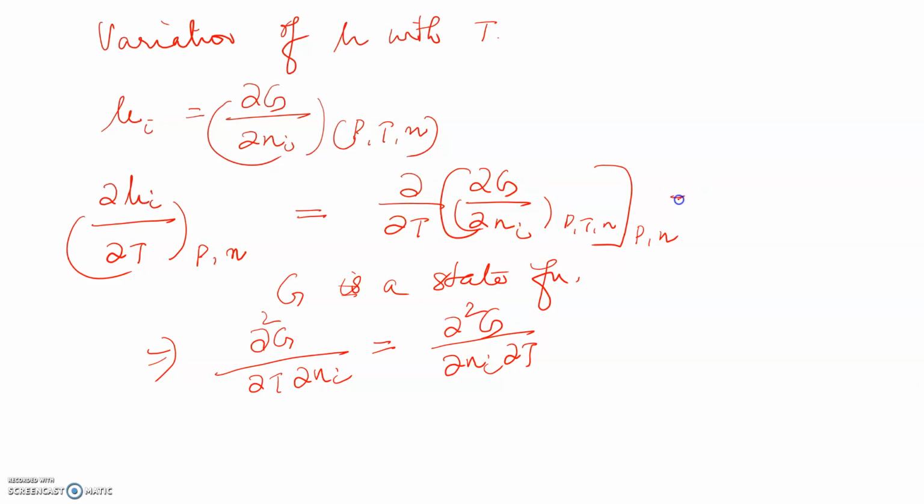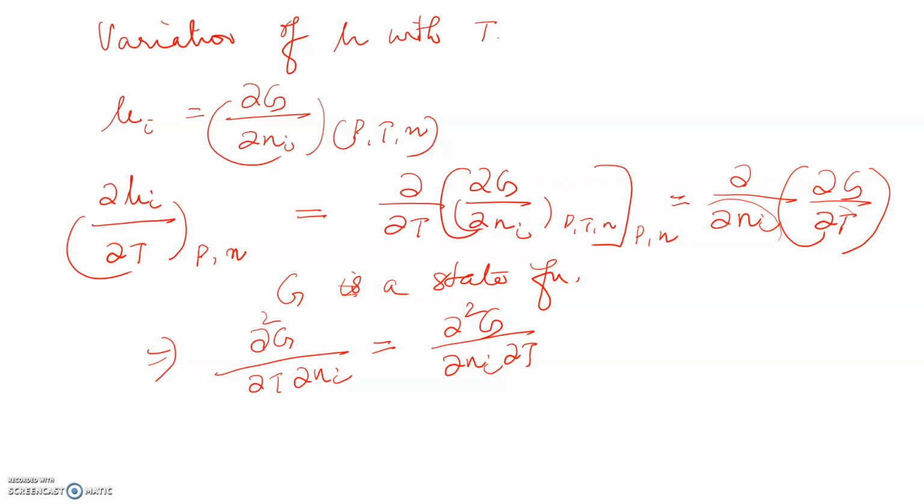So if Euler's reciprocity relation holds, this will be equal to dou by dou Ni of dou G by dou T, isn't it? Here first we are differentiating with respect to Ni and then with respect to T. In this equation we are first differentiating with respect to T and then with respect to Ni. The order of differentiation being immaterial, these two are the same.